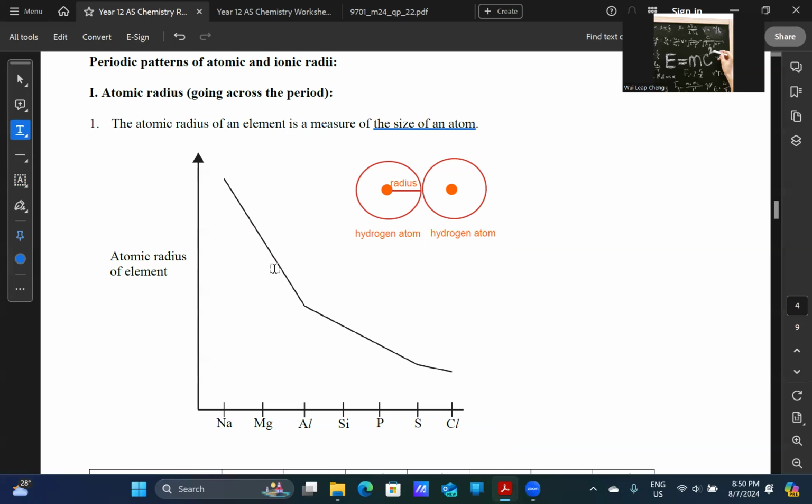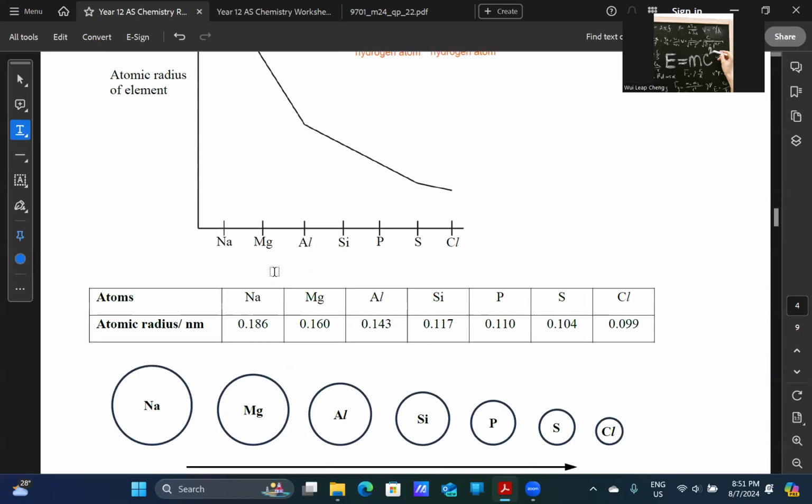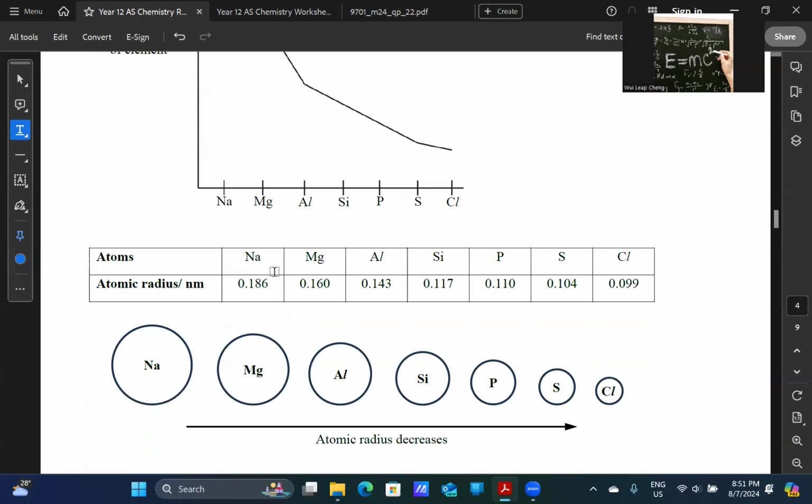Now we are moving to the second part of today's lesson. We want to discuss what factors can change the size of the atom. You will study the changes of the size of the atom across a period and going down a group. Across a period means if you check the periodic table, we will study the pattern of the atomic radius from the left side of the periodic table to the right side.